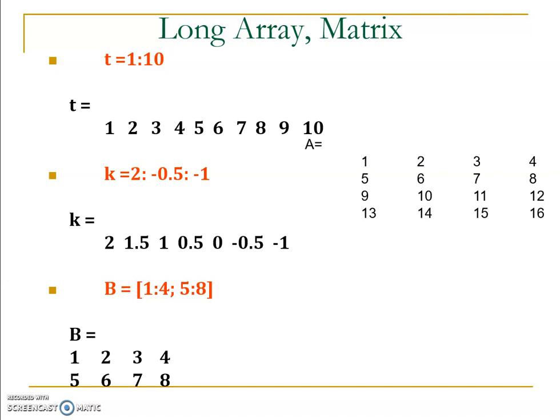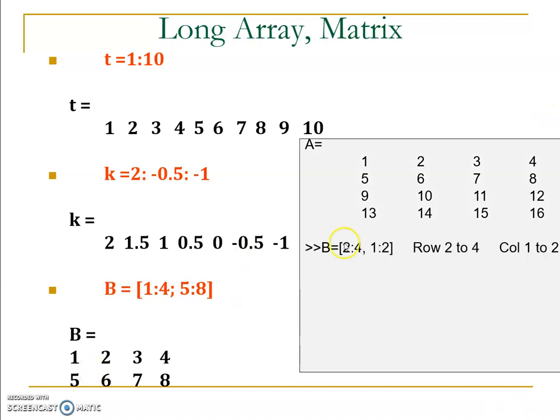Let us assume one small example too, where I have a matrix called A, which is from 1, 2, 3, 4, 5, 6, 7, 8 up to 16. That means a 4 by 4 matrix.